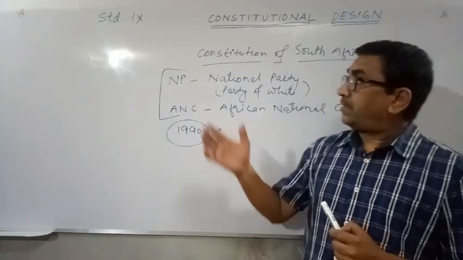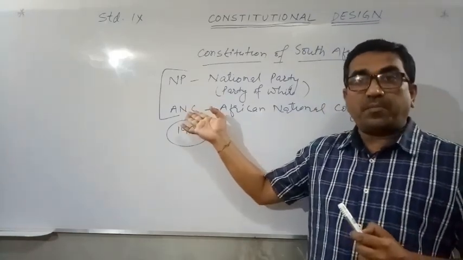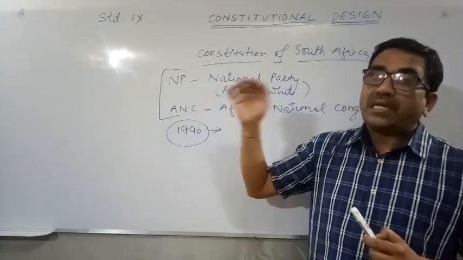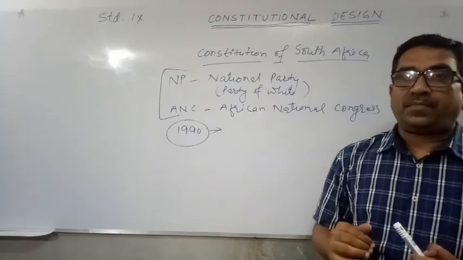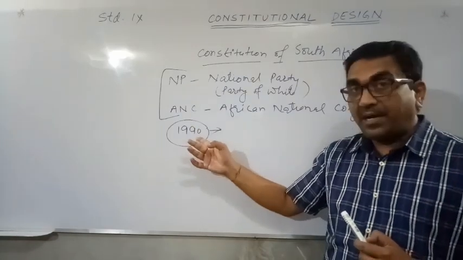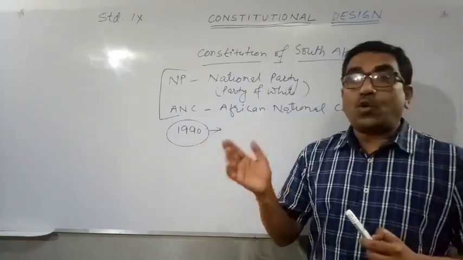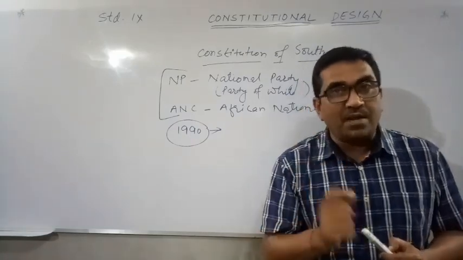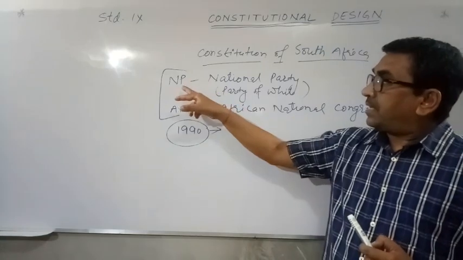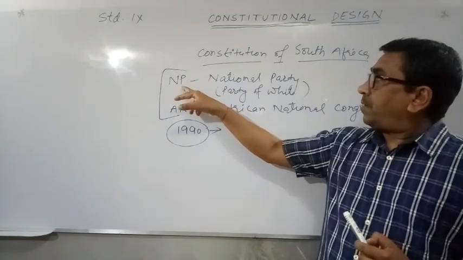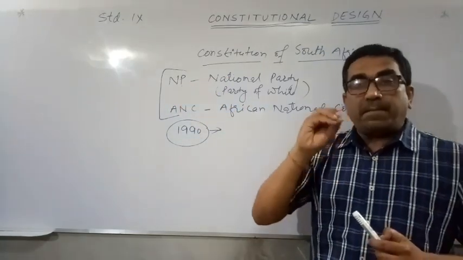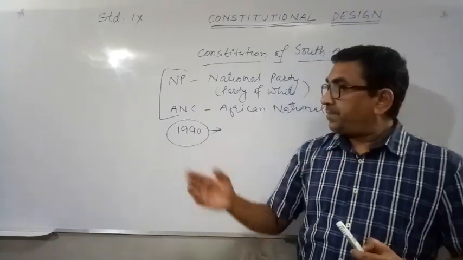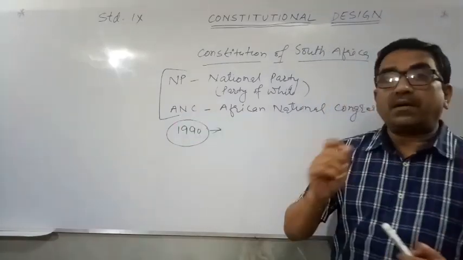You may ask, sir, ANC was a very old political party. Yes, it was, but it was not legalized. It was made legal in 1990 itself. Not before 1990. When the National Party gave rights to political parties, only then did the ANC become a legal party.